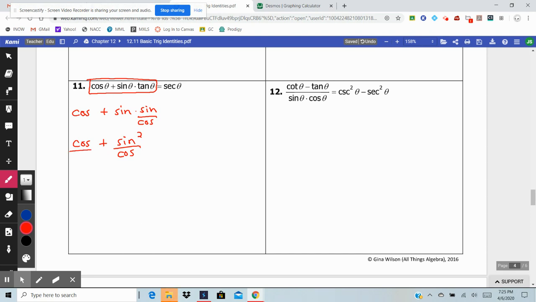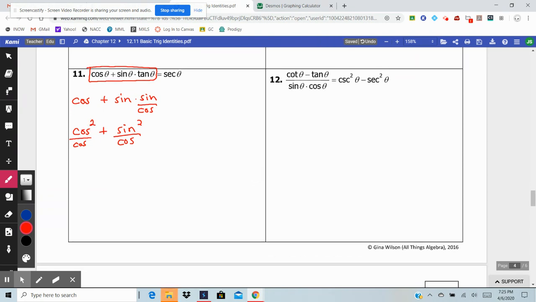So I'm going to multiply top and bottom over here by cosine. So I have a cosine on bottom now, and I have a cosine squared on top now. So we can now combine these as cosine squared plus sine squared over cosine. I know that cosine squared plus sine squared is the most fundamental Pythagorean identity. That is 1 over cosine, and 1 over cosine is equal to secant.